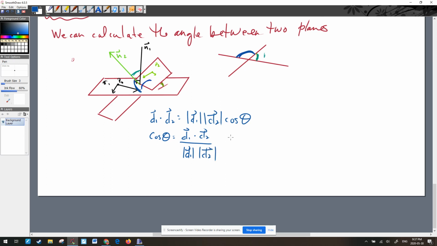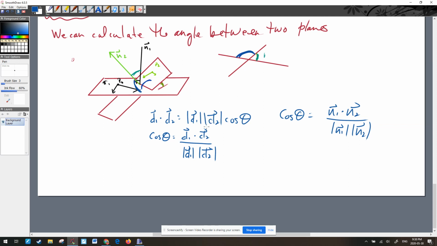But in this case, obviously, we're going to use the normals. So we would do the exact same thing, but we would say the cosine of theta is equal to n1 dotted with n2 divided by the magnitude of n1 times the magnitude of n2. And that's going to tell us. Now, I could ask, what is the acute angle between the two planes?